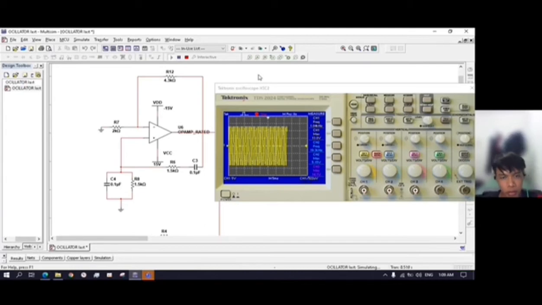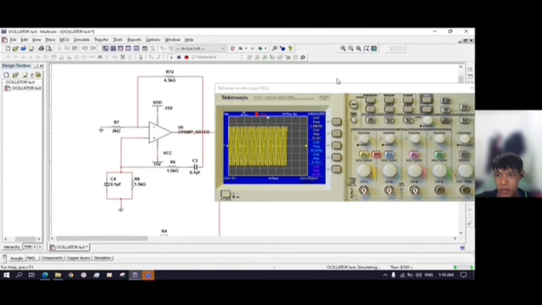And then we put the resistors R6 and R8 as 1 kilo ohm, and capacitors C3 and C4 as 0.1 microfarad. To get the feedback resistor, we have to multiply by 2. The RA must be multiplied by 2, which means R7 times 2 is 4, and then we assume that as 4.3 just in case the signal won't come out.